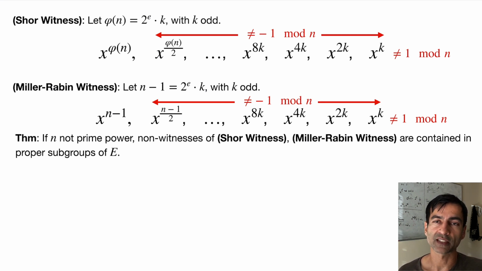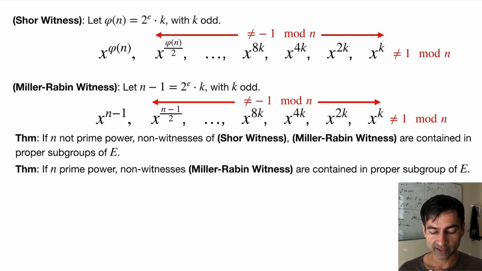It's at most 50% of the size of E. So that means that there are lots of witnesses. At least half the elements from 1 to n minus 1 must be a witness for both types of witnesses. That's in the case that n is not a prime power. When n is a prime power, I can prove the same fact, but only for the Miller-Rabin witnesses.